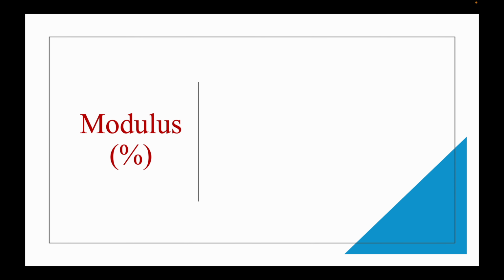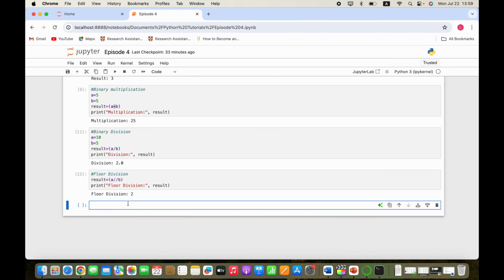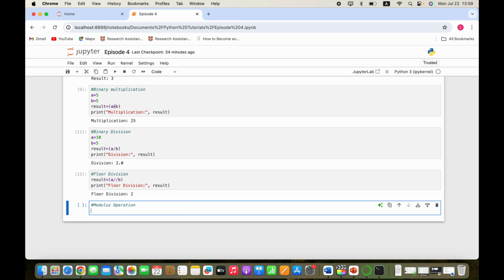Next is modulus operator. It performs division but it returns the remainder as a result. Let's write code, modulus operation, enter.